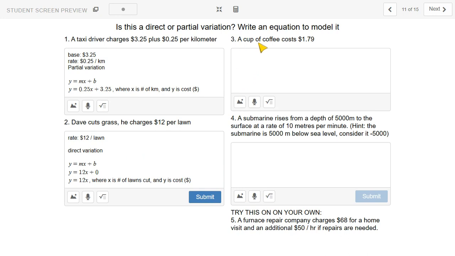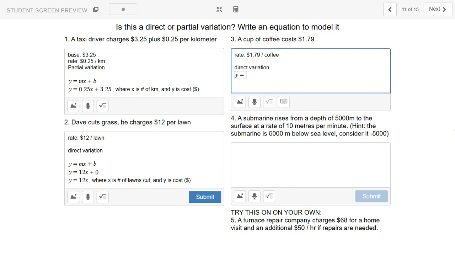Okay, we have a cup of coffee that costs $1.79. Is this a direct or partial variation? Let's identify this. $1.79 per cup of coffee. So that's our rate. We've got no base. This is a direct variation.